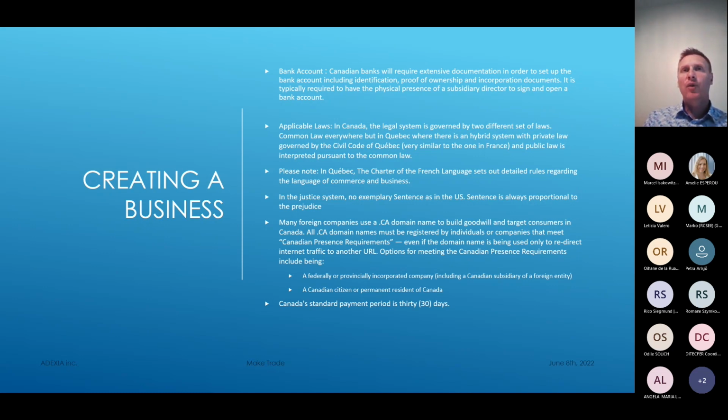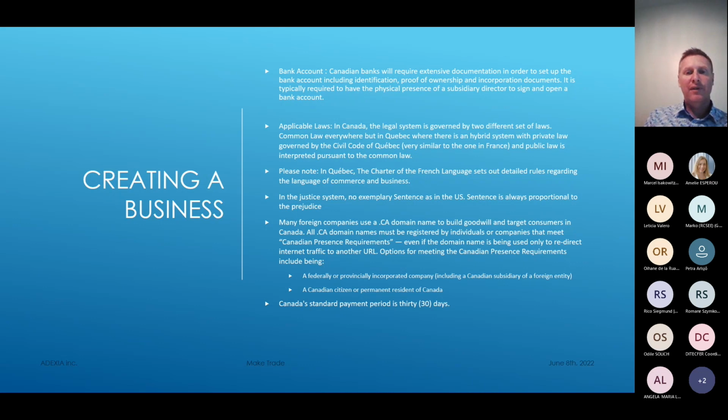And the civil code in Quebec is very, very close to the French civil code. But so therefore it brings another level of, again, nothing major, but a little level of complexity with having 2 different sets of laws in the country.